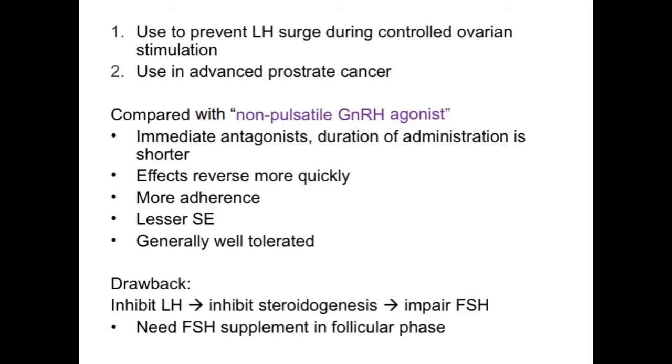So what are the drawbacks of GnRH antagonists? It inhibits LH production, so it inhibits steroidogenesis, and this can impair FSH production, and you need to supplement the FSH during the follicular phase.